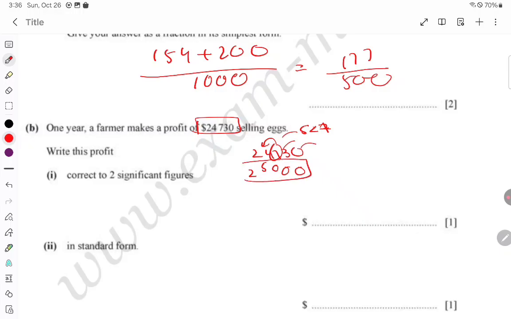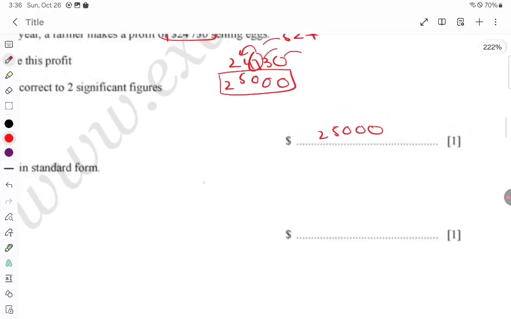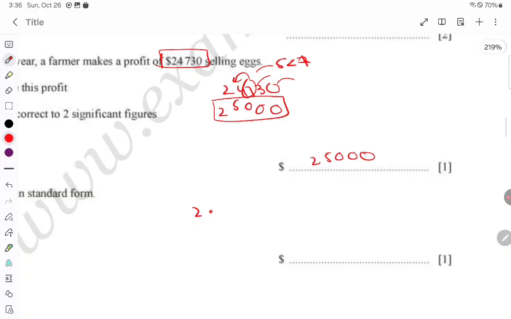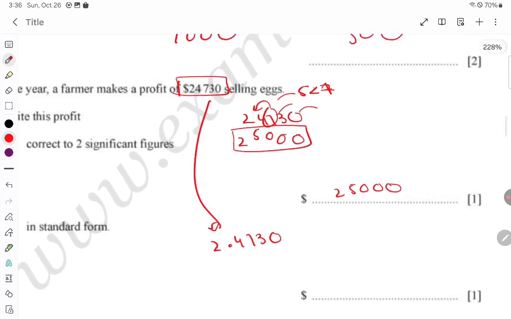So this is the correct value, $25000. Now the standard form. What is the standard form? It is in the exponent form, which is 2.4730. How many digits do we move to the left hand side?